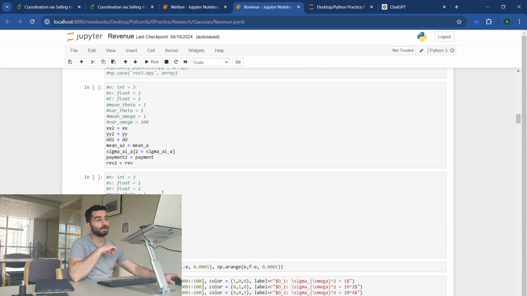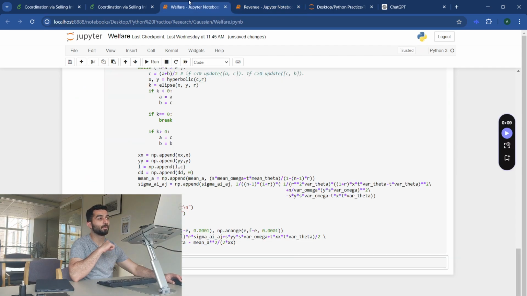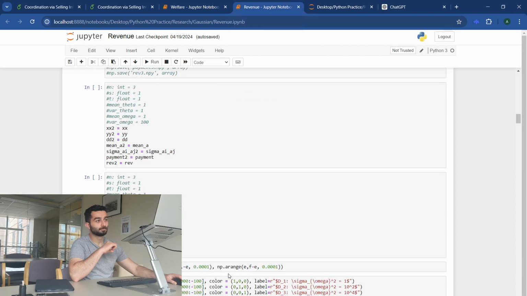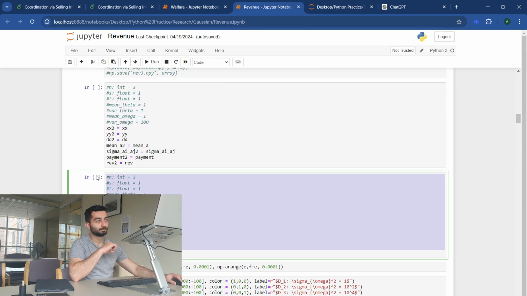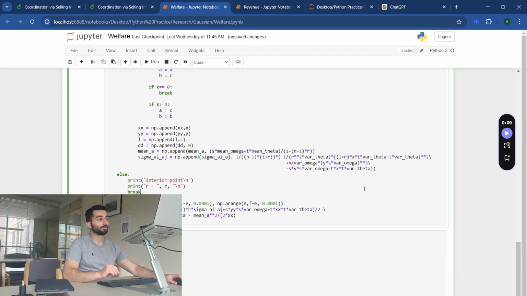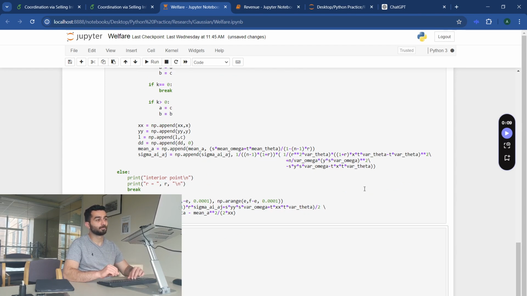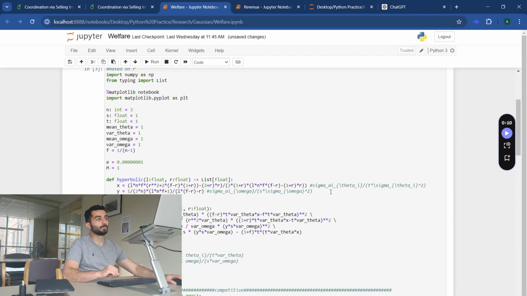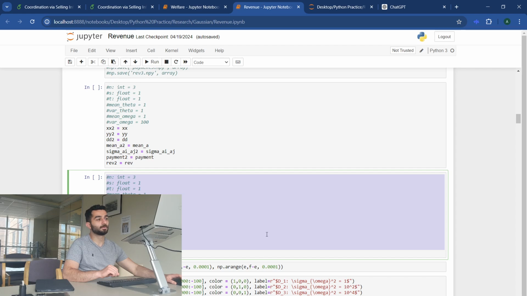So data set 1 is 3 and everything 1. And data set 2.